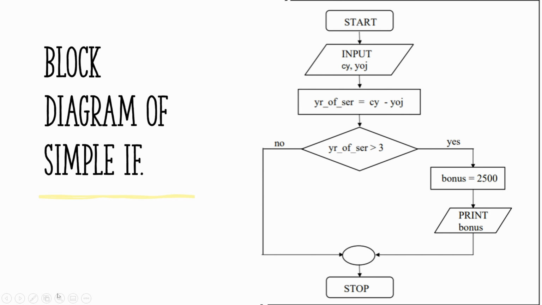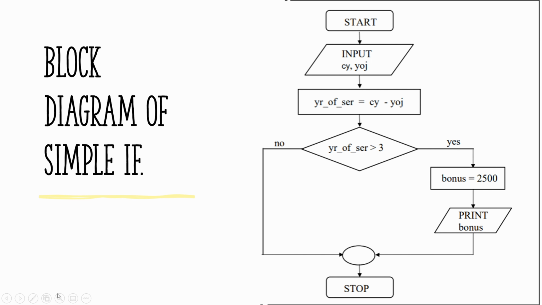So in this video, we're going to describe the if-else statement. Before that, I'm going to give a block diagram of the basic if statement. As the diagram describes, the control enters, and then the input output statements and the arithmetic operation happen, and the result of the arithmetic operation is checked against a preset value, which is 3.